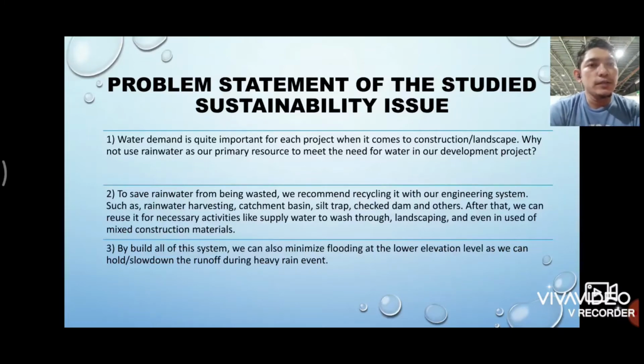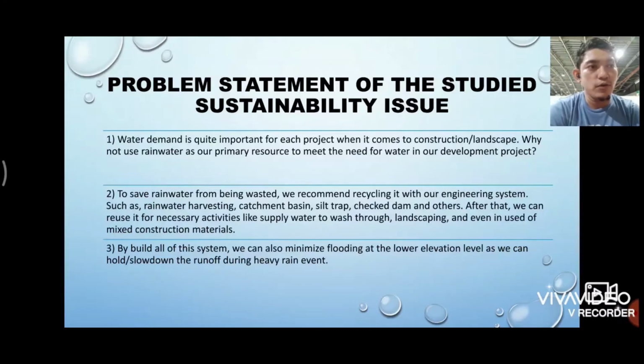We can also supply it to necessary activities, like reusing it in our mixed construction material. And by using this system, we can mitigate the flood-prone areas.